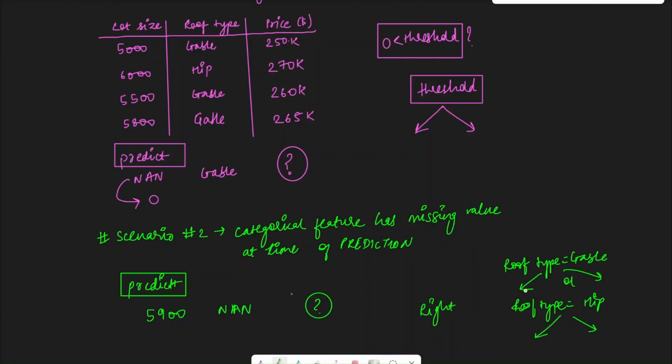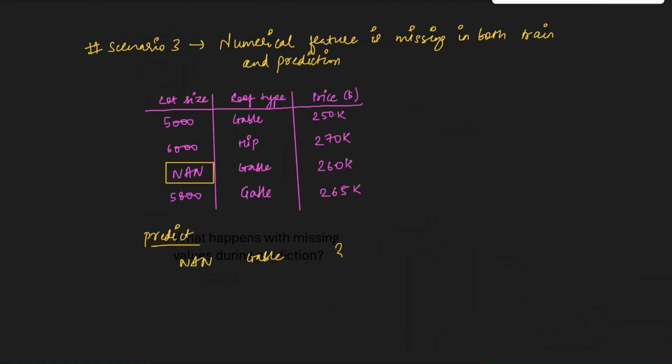So we are only going on the left side when we know about the feature, when we have encountered that feature during training, because that's how this node would have been formed. But if we don't know about this, then it will always go to the right. No matter what the missing value is, it will always go to the right. So all the unknown categories or nulls would be treated the same way. They will always go down the right side of the node.